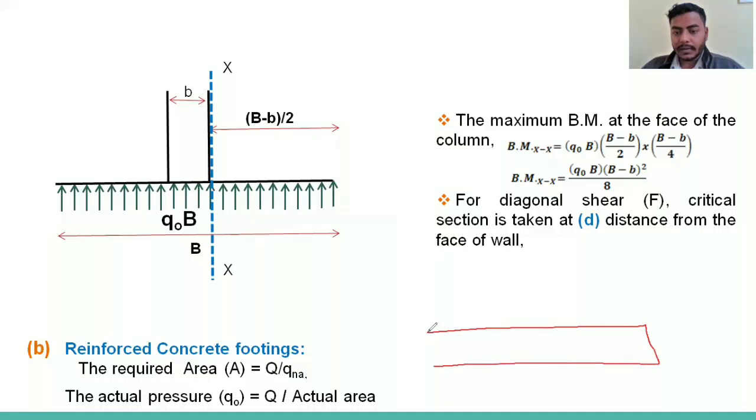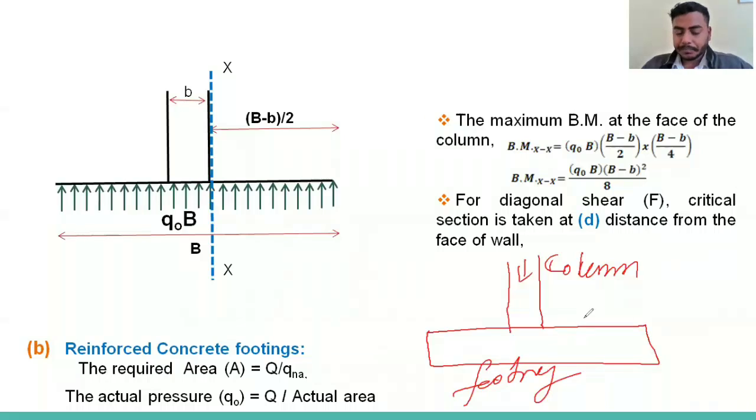Suppose this is the footing and this is the column. We will see the crack generally develops from this point, like this, and this angle is 45 degrees here also.